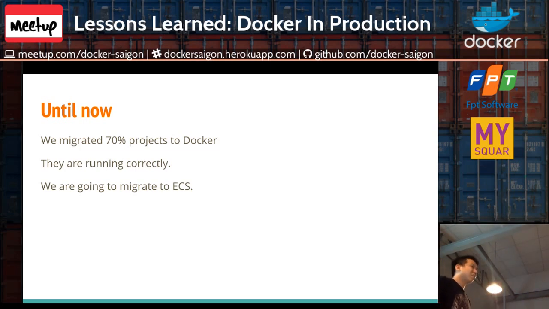And it natively supports Docker. Yes, it is already in production. And it can work with Elastic Load Balancer. Yes, it is great. ECS is a service of AWS, so it integrates with a lot of AWS services like load balancing, CloudWatch, Lambda, also CloudFormation. A lot of things.